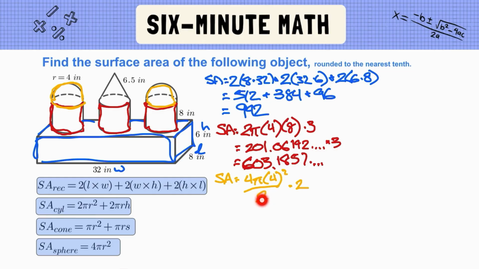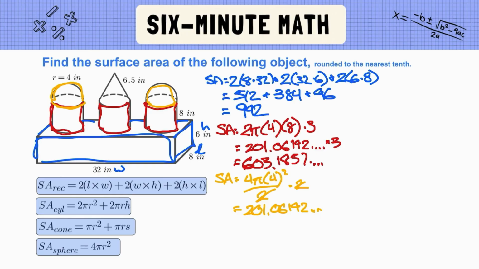Mathematically, I have a multiply by 2 and divide by 2. Those can cancel each other off as they are opposite operations, making the surface area of the yellow objects just 4 times pi times 4 squared. And that's going to give me 201.06192.